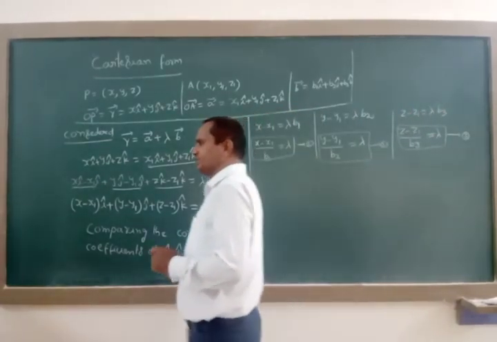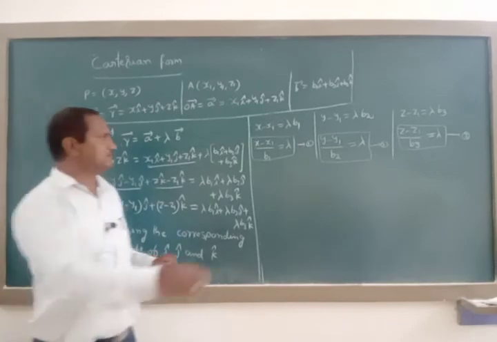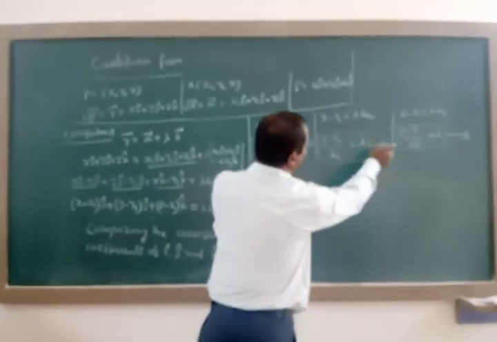From all these three equations, if you observe, the right hand sides are equal: lambda, lambda, lambda.